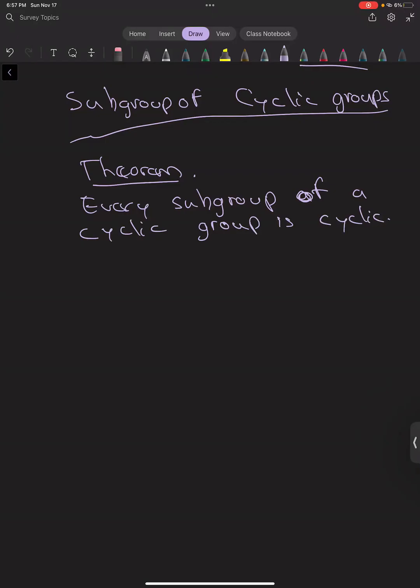And then corollary: the subgroup of the integers.